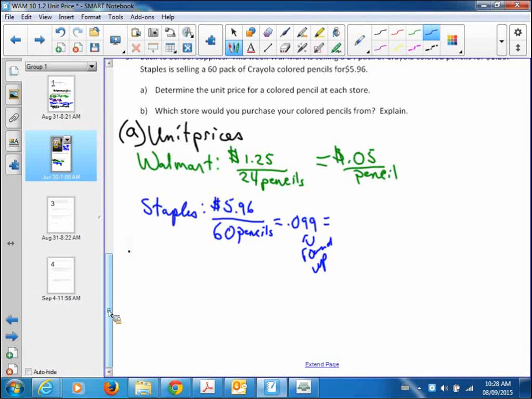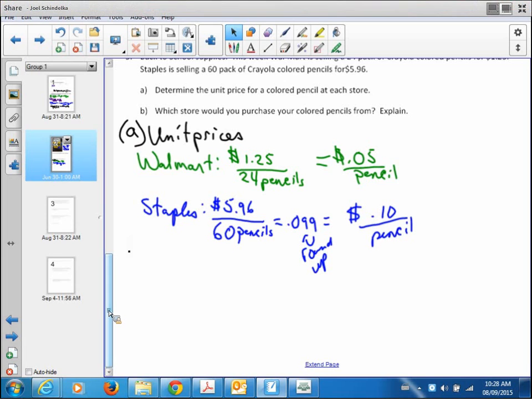So that means it is 10 cents per pencil. Now, which store would you purchase your crayons from? It's obvious it's cheaper at Walmart, right? But why would you even consider going to Staples to buy the other pack when it's twice the price per pencil?